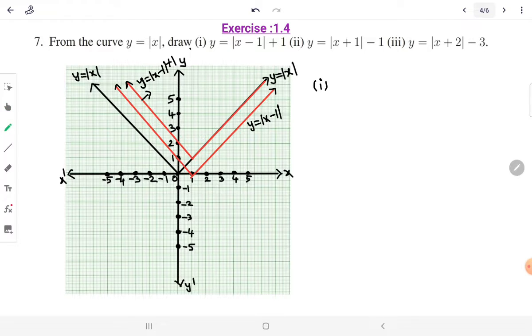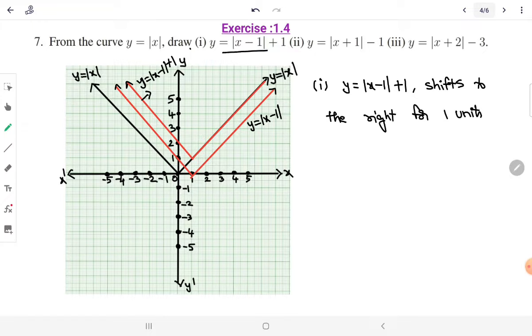So what you will write in the statements? The graph y is equal to modulus of x minus 1 plus 1 first shifts to the right side for 1 unit, till this part.